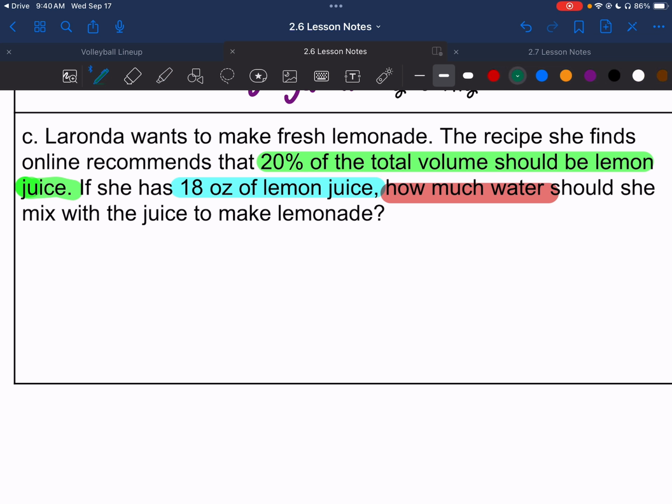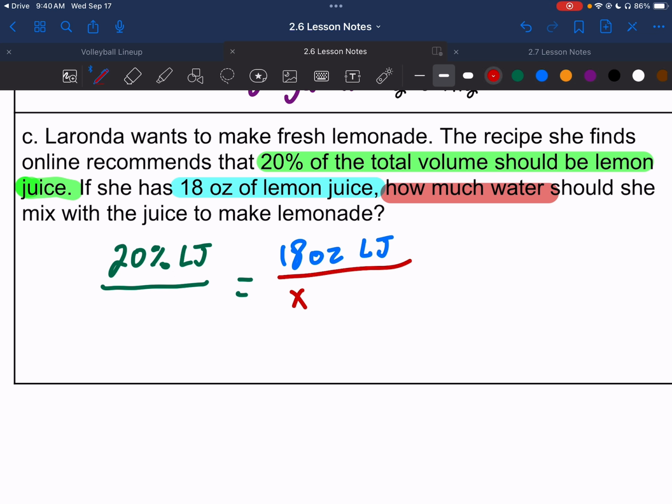We know that 20% of the total is lemon juice. And we know that we have 18 ounces of lemon juice. We want to know how much water. So we don't know how much water.